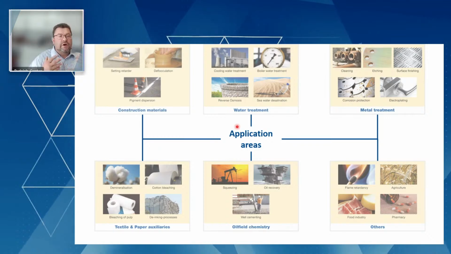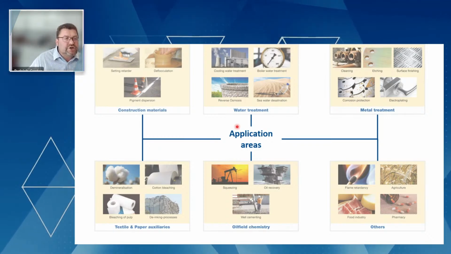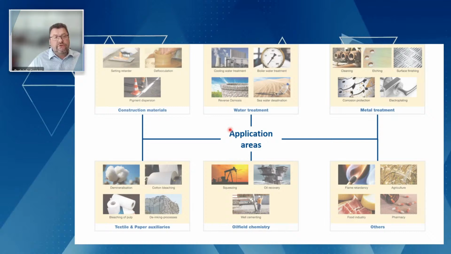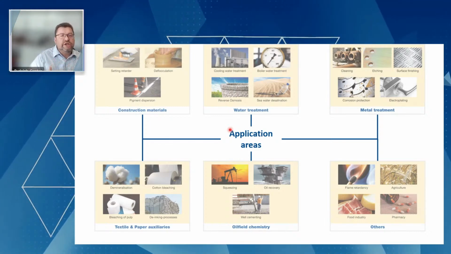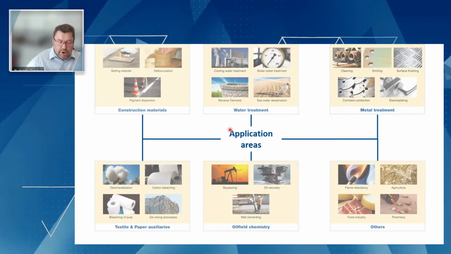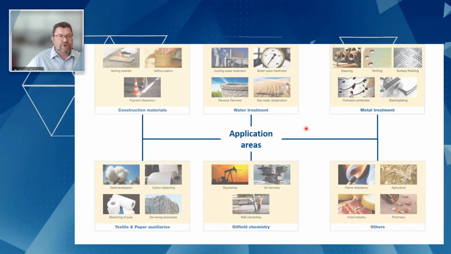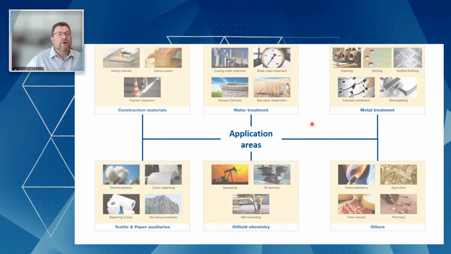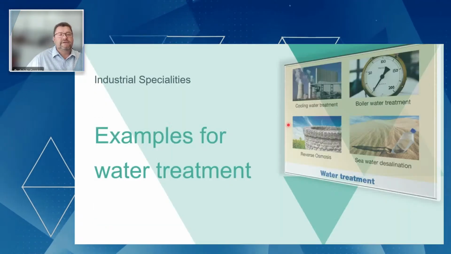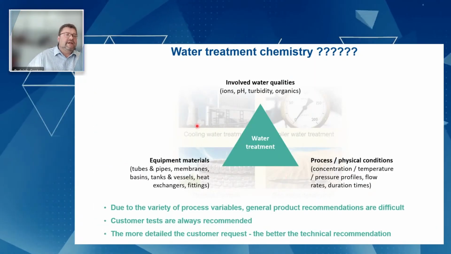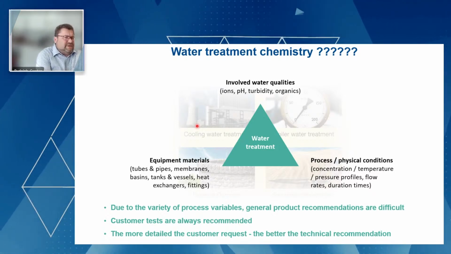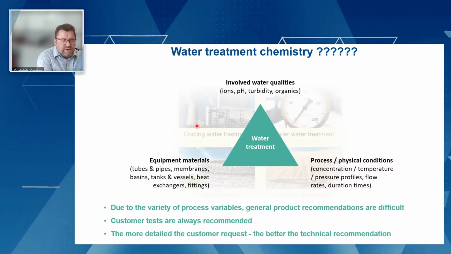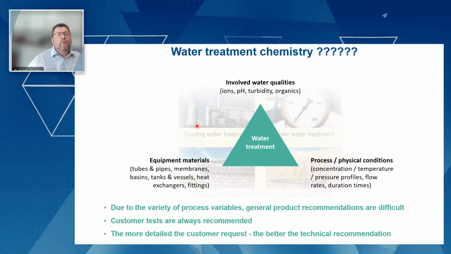But of course, we have also a lot of other industrial applications, which are more or less also water treatment, because there's an aqueous system which needs to be treated and adapted to the conditions. But today we want to focus only on the traditional ways of water treatment. And if we speak about water treatment chemistry, what is involved, well, we have, of course, at first the water qualities.